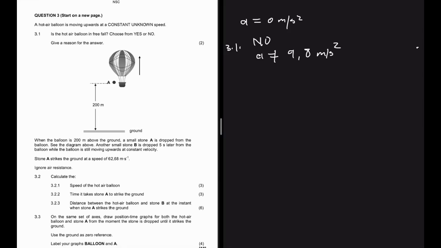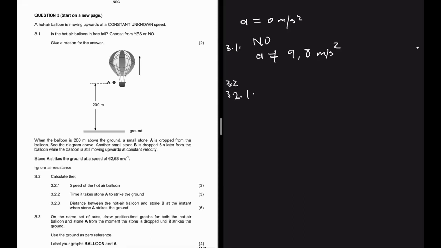And then we are told that stone A strikes the ground at a speed of 62.68 meters per second. And then we have 3.2 and then 3.2.1. 3.2.1 says calculate the speed of the hot air balloon.